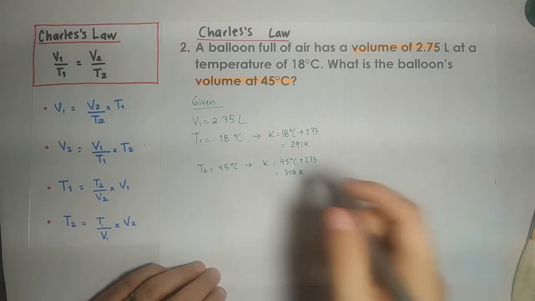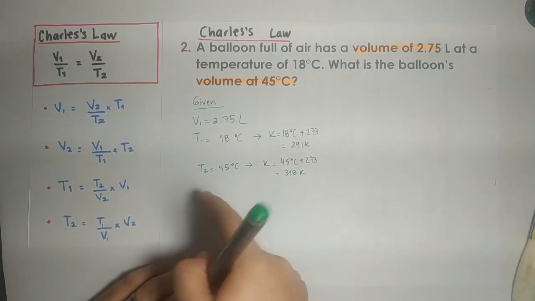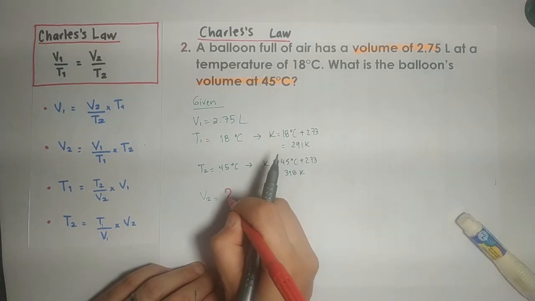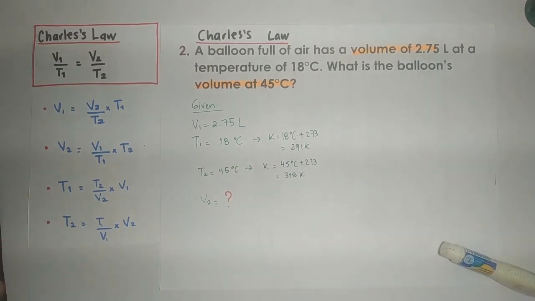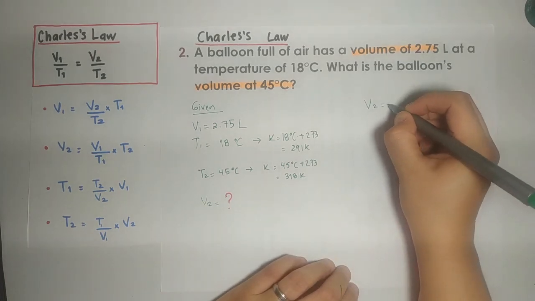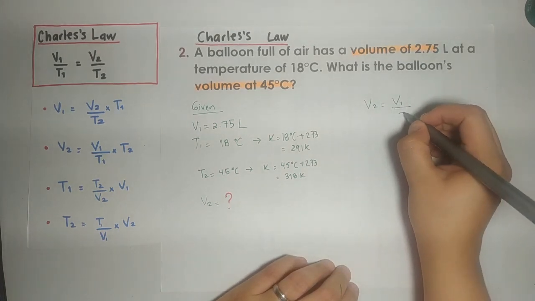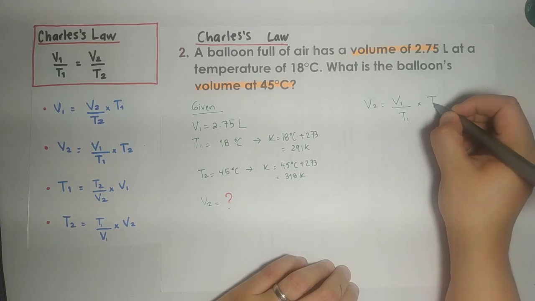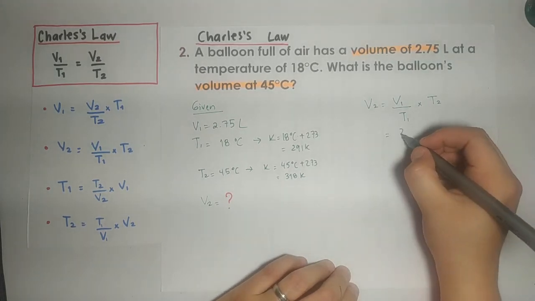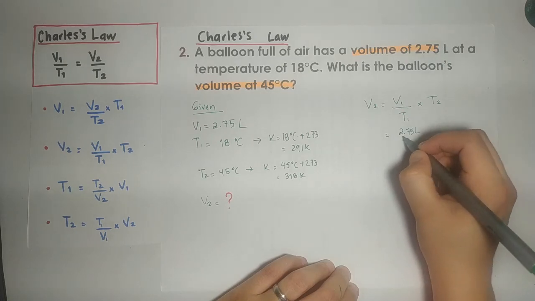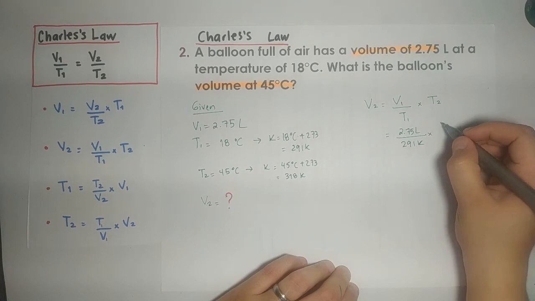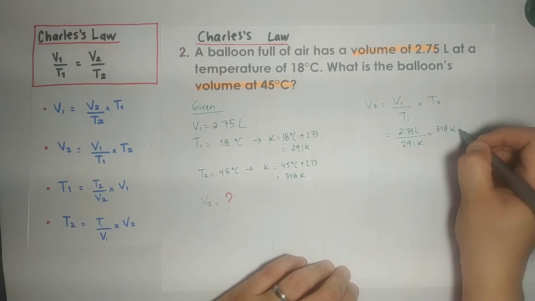Now, what am I looking for? I'm looking for volume at that temperature, so volume 2 is unknown. The equation for volume 2 is right there: volume 2 equals volume 1 divided by temperature 1 times temperature 2. Volume 1, 2.75 liters divided by 291 Kelvin times 318 Kelvin.